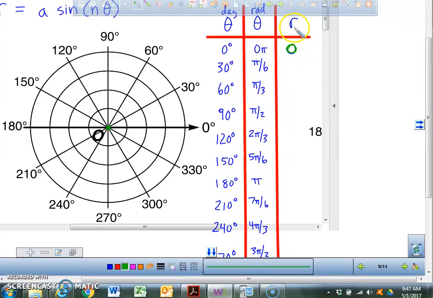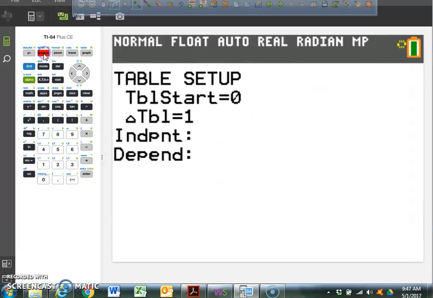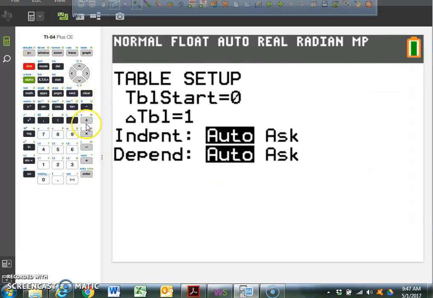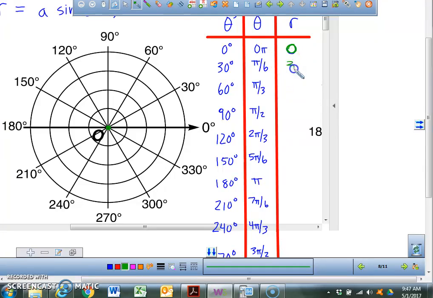Now how do I find out what the R value is when it's pi over 6? What you need to do is go to second window and type in pi divided by 6. Check your table. And at pi over 6, you're at a 3. So at 30 degrees, you're at 1, 2, 3.